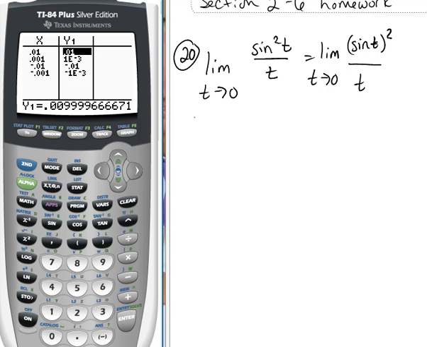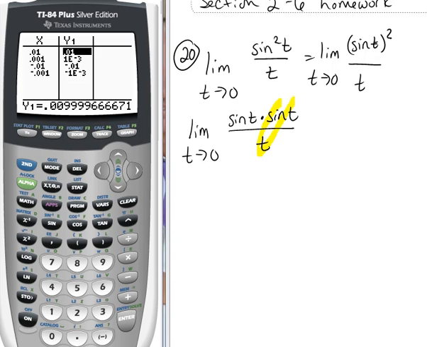So just verifying it with our calculus, or this theorem that we've learned this time, what we can do is write sine squared t over t as the sine of t times the sine of t, and we can divide that by t. And now we can think of this as two separate products here.